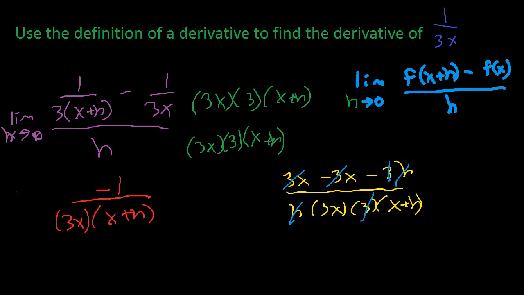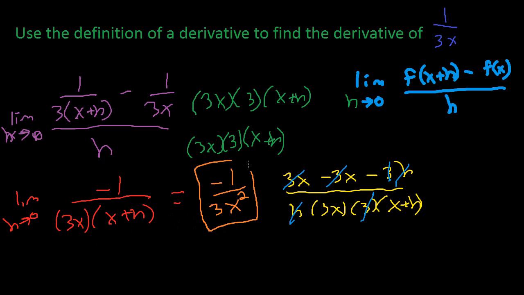And if we took the limit as h approaches 0, what would it equal? Well, if we substituted a 0 in for h, we would essentially get 3x multiply x, because the 0 doesn't matter. So we would have negative 1 over 3x multiply x, which is 3x squared. And that is our final answer.